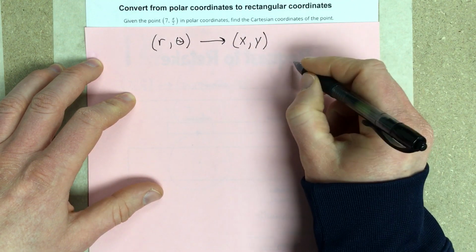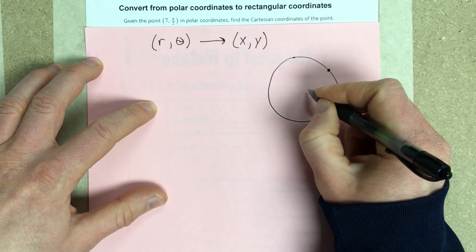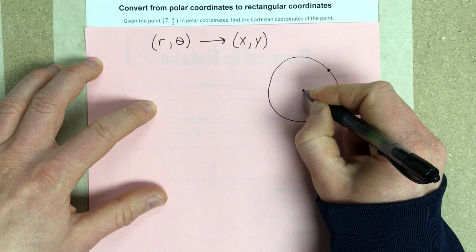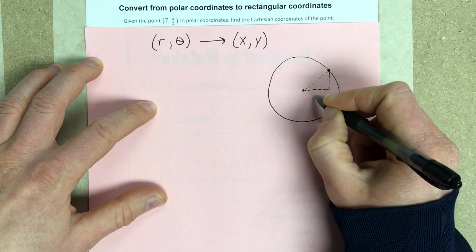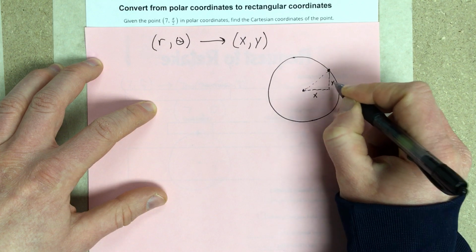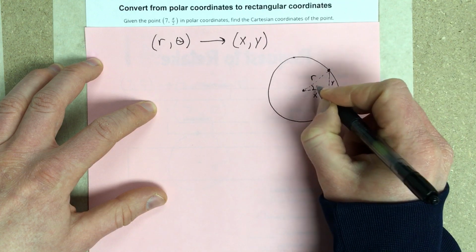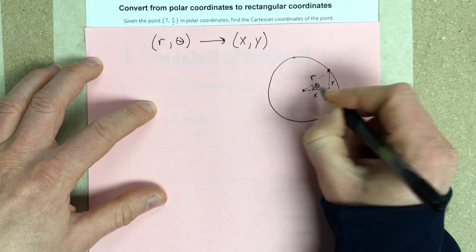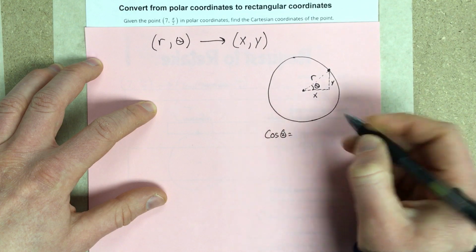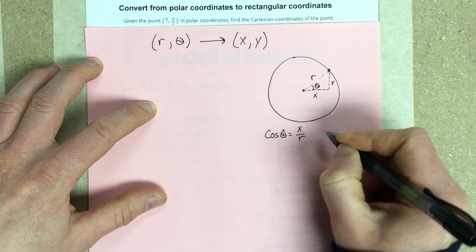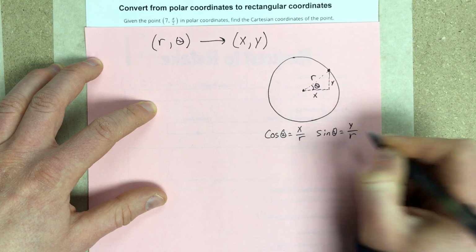The first thing I want to bring to light is if we draw the unit circle and we pick a point on the unit circle, or a circle I should say, not just the unit circle, we would draw a triangle representing the x and y coordinates for that point and also the radius. If I mark theta here for the angle, we would say that cosine theta is equal to x over r, and sine theta is equal to y over r.